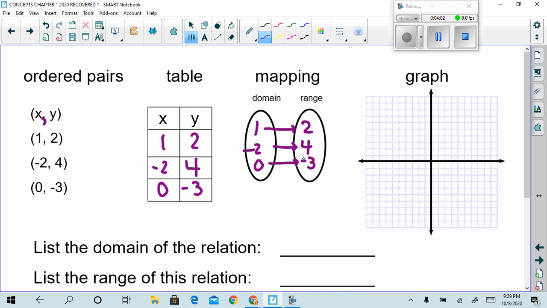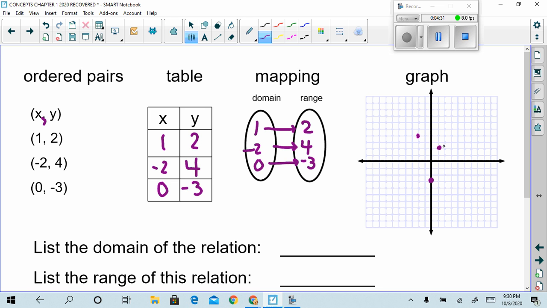In regards to a graph, you can just do a rough sketch. You don't need graph paper. You'll go over 1 and up 2. That's 1 point. You'll go to the left 2 and up 4. I'm sorry, whoops. Let me fix that. No point there. 1, 2, 3, 4. And then I've got 0, -3: 1, 2, 3. So now that's the graph representation.